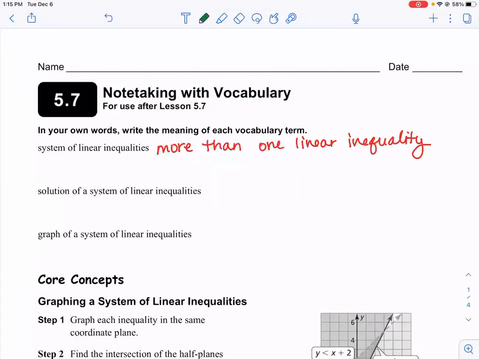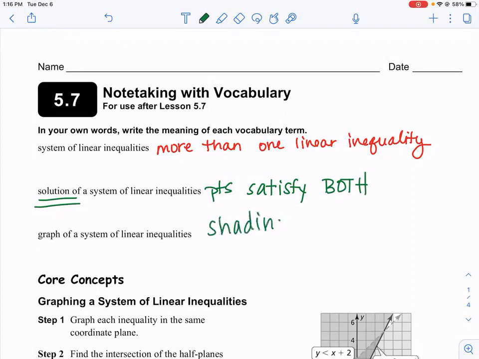So when we talk about the solution to a system of linear inequalities, we're talking about any points that satisfy both inequalities. Visually, it's where our shading is going to overlap.